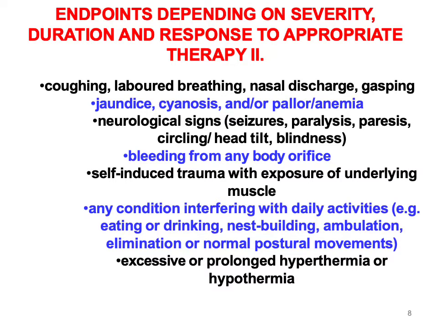The endpoints, depending on severity, duration, and response to appropriate therapy, in the following section include coughing, labored breathing, nasal discharge, and gasping, jaundice, cyanosis, and or pallor and anemia, and also neurological signs like seizures or the opposite, the paralysis, paresis, circling, head tilt, blindness, or bleeding from any body orifice.